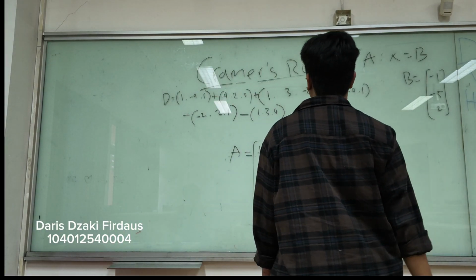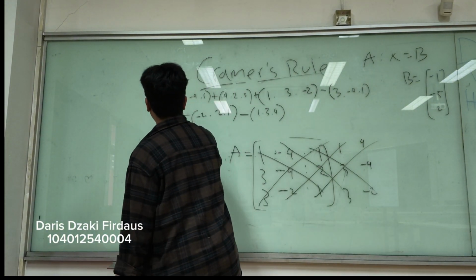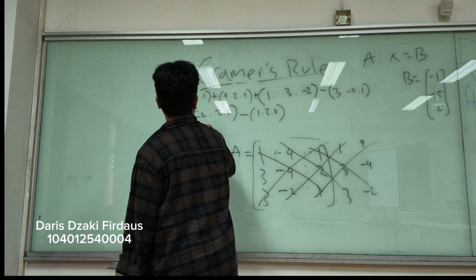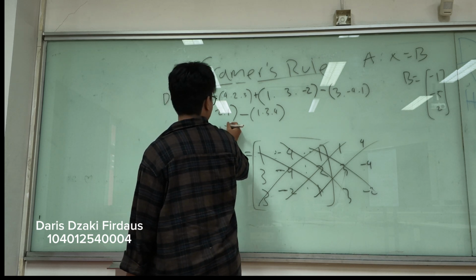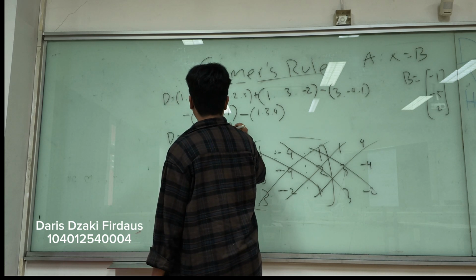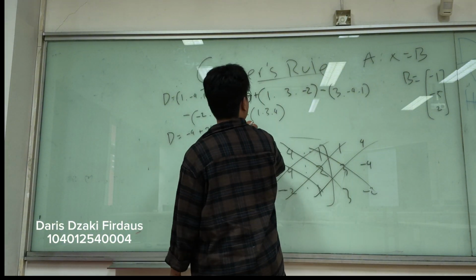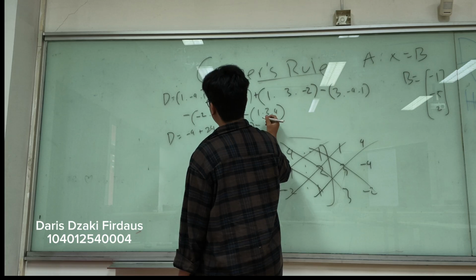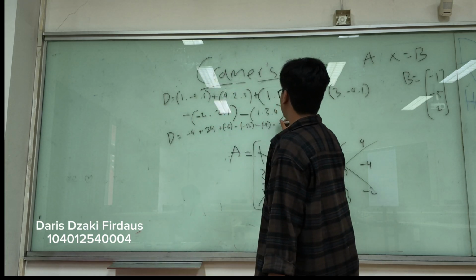And then we need to calculate this D. So we get minus 4 plus by 24 plus by minus 6 and minus 12, then minus 4, then minus 12.